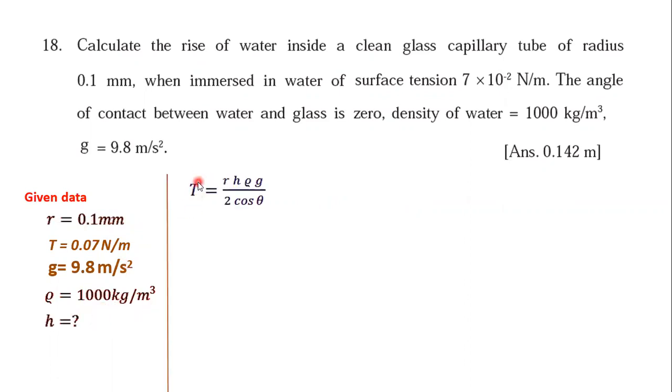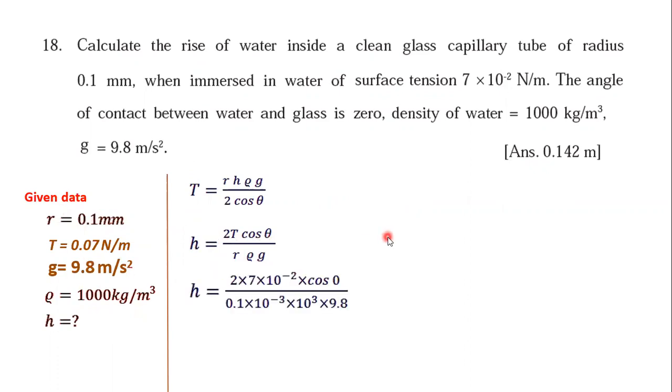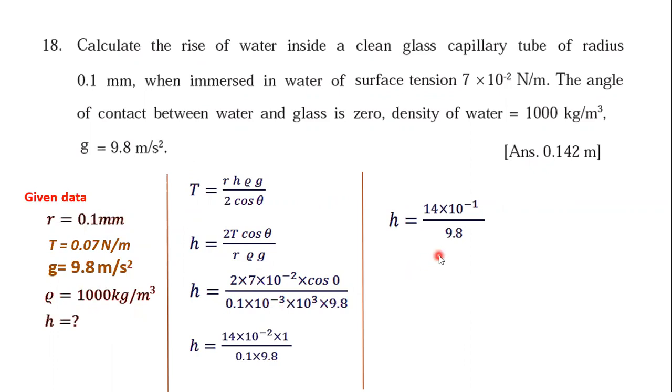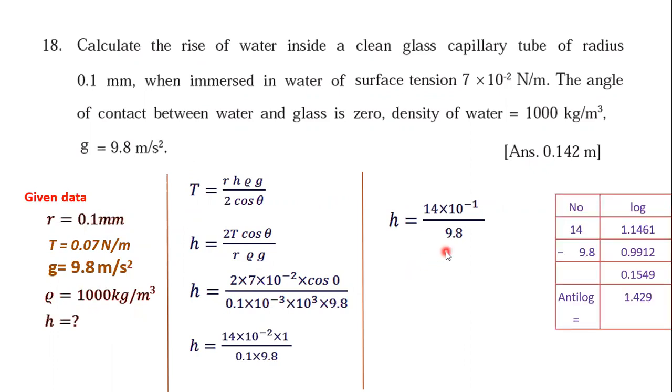So we can use here the formula of surface tension, that we can write for the H, 2T cos theta by R rho g. Everything is given, we have to substitute. Now let me substitute here. Then after the substitution and doing the calculation, we get H is equal to 14 divided by 9.8 into 10 raised to minus 1.